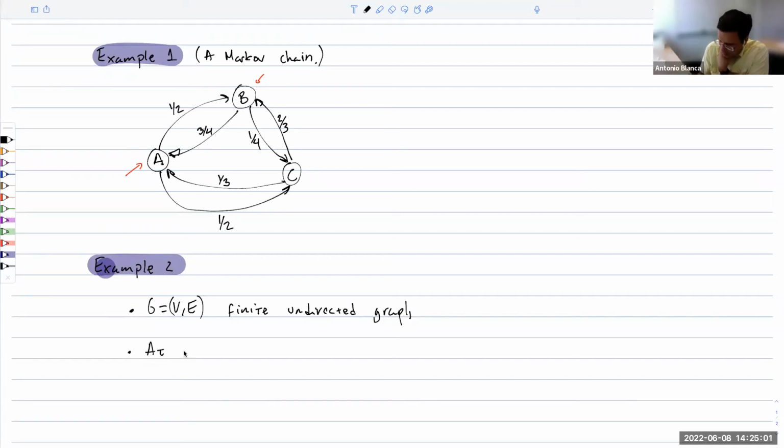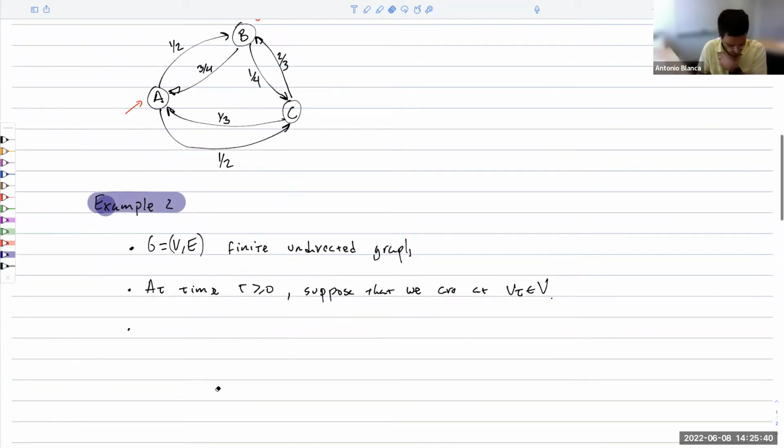At time t, suppose that we're at some vertex v_t of the graph, and what we do is we take a random step. We look at all the neighbors of that vertex, pick a random neighbor and go there. After we move, we repeat the process. This is a random walk on the graph, but this is also a Markov chain.